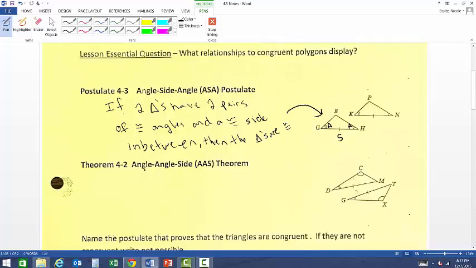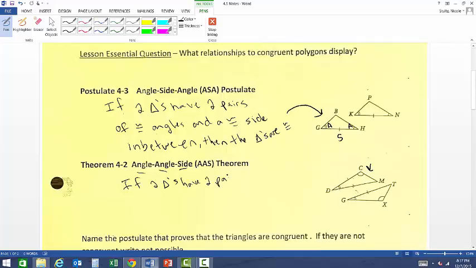The other theorem still involves two angles and a side, but it could look like this. So that little tick mark does not have to be in between. It could also be on one of the outsides, and it would still be congruent triangles, but we would call that the angle angle side theorem. It's pretty much going to be the same thing, except we'll change the wording just a little bit.